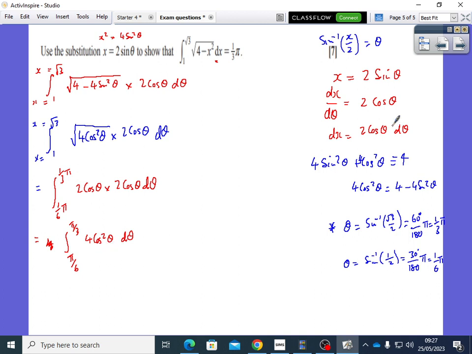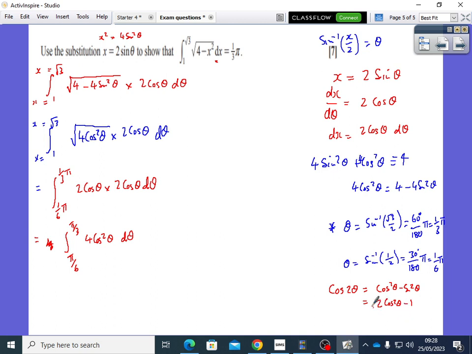You should know this fact about double angles: cos 2 theta is the same as cos squared theta minus sine squared theta, and if I replace sine squared theta with 1 minus cos squared theta, that will give me 2 cos squared theta minus 1.